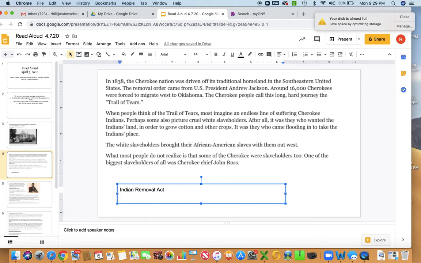The removal order came from the U.S. President Andrew Jackson. Around 16,000 Cherokees were forced to migrate west to Oklahoma. We know that they had to go through that change. The Cherokee people call this long, hard journey the Trail of Tears.